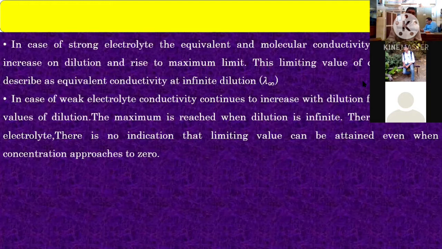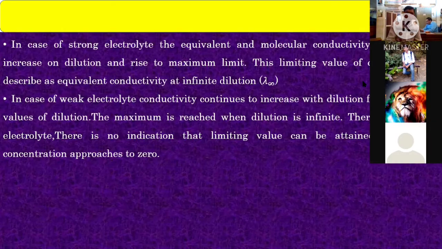First of all, if you add more and more water to a given ionic compound, the formation of ions continues only up to a limit. There is no more possibility; if you keep adding water, the number of ions increases only up to a limit.